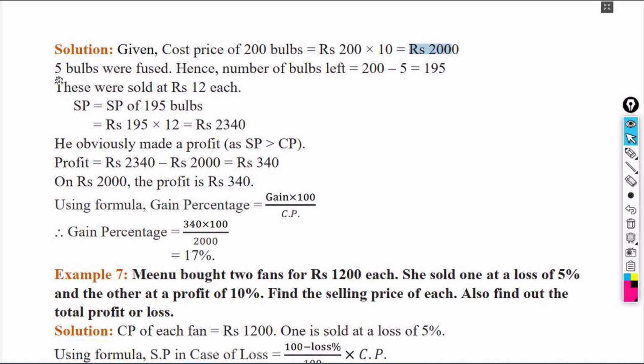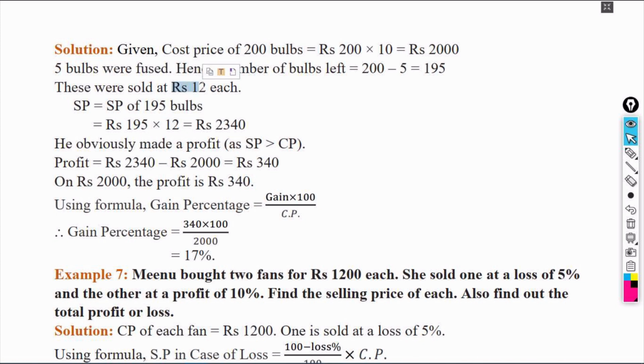Now 5 bulbs were fused. Then the remaining good bulbs are 195. From the 195 bulbs he will get rupees 2340 by multiplying by rupees 12, since he is selling each bulb for rupees 12.